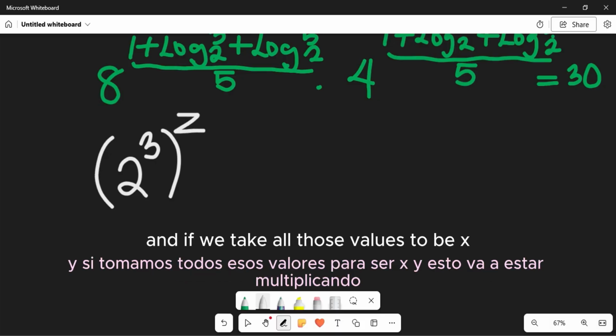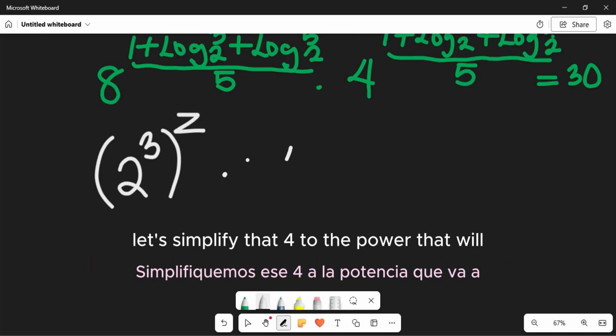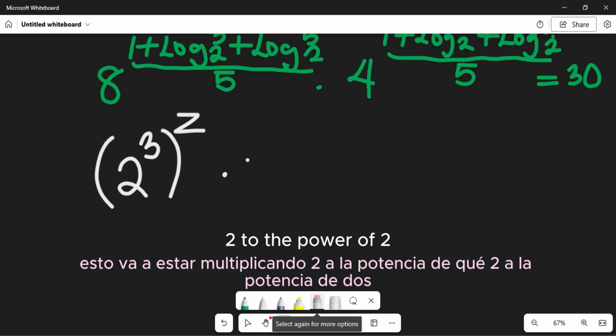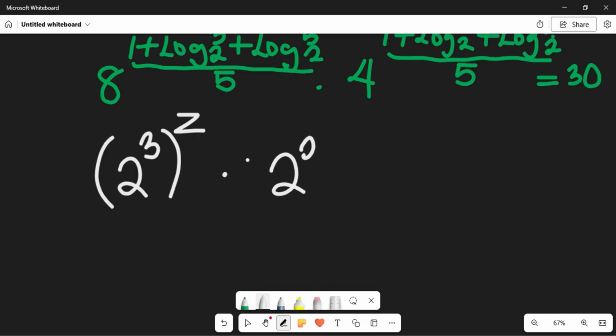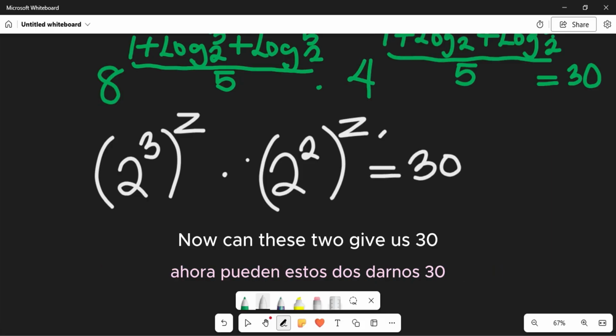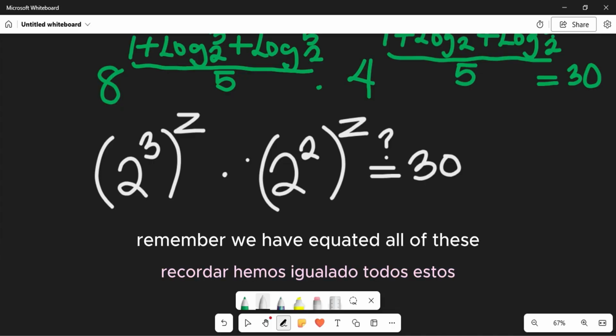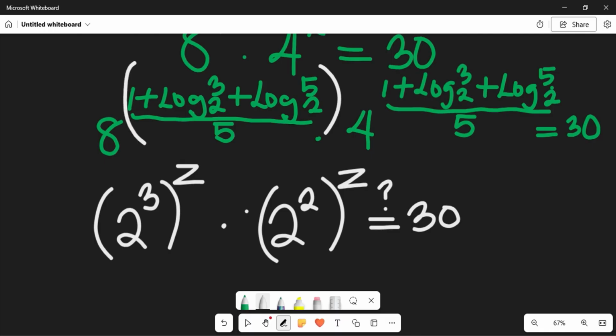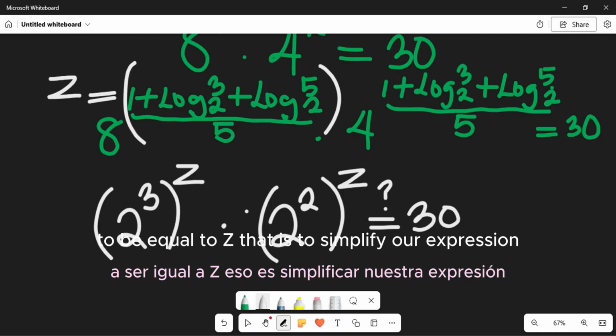And if we take all those values to be z, this will be multiplying 4, which is 2 to the power of 2, all to the power of z, and this will be equal to 30. Now, can these two give us 30? Remember, we have equated all of these to be equal to z. That is to simplify our expression.